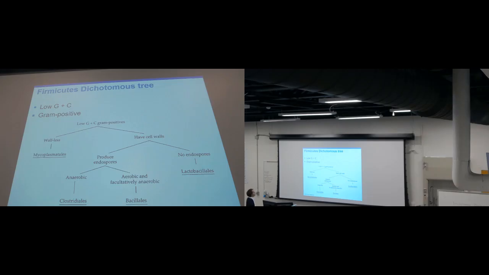So here we have a dichotomous tree of the gram-positive bacteria that are low G's and C's. So remember, in science, dichotomous trees help to classify organisms.